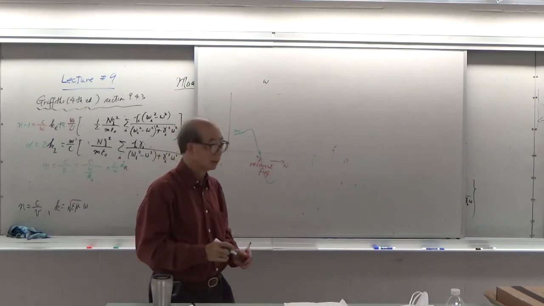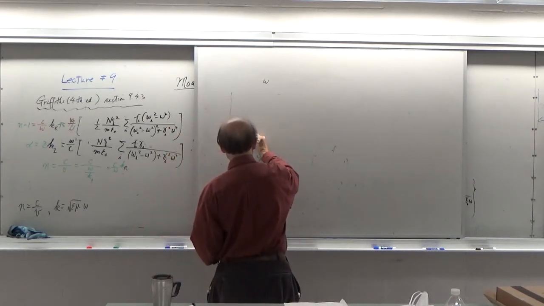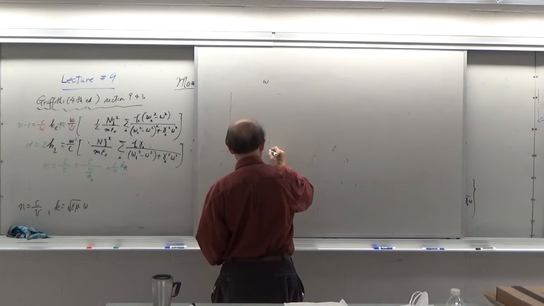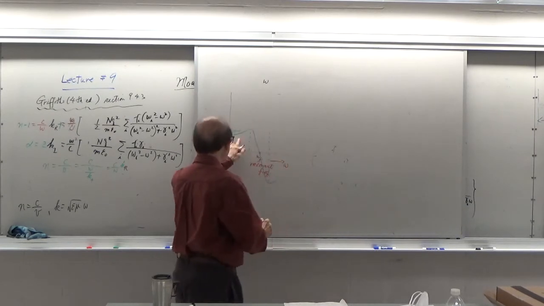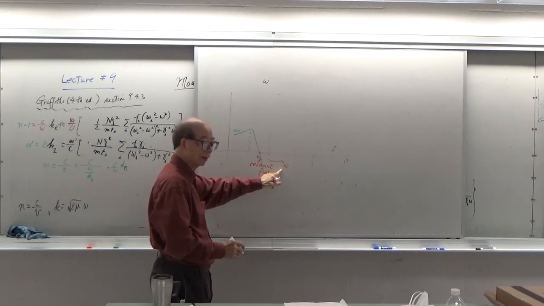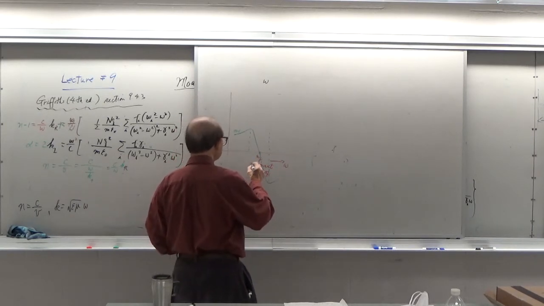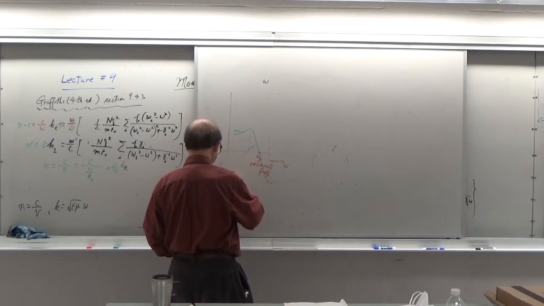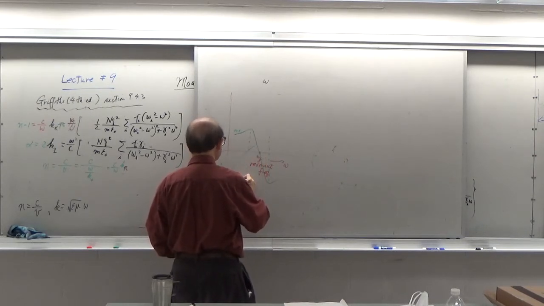So in this region, n changes rapidly with omega. So for this region, you have a large dn by d omega.